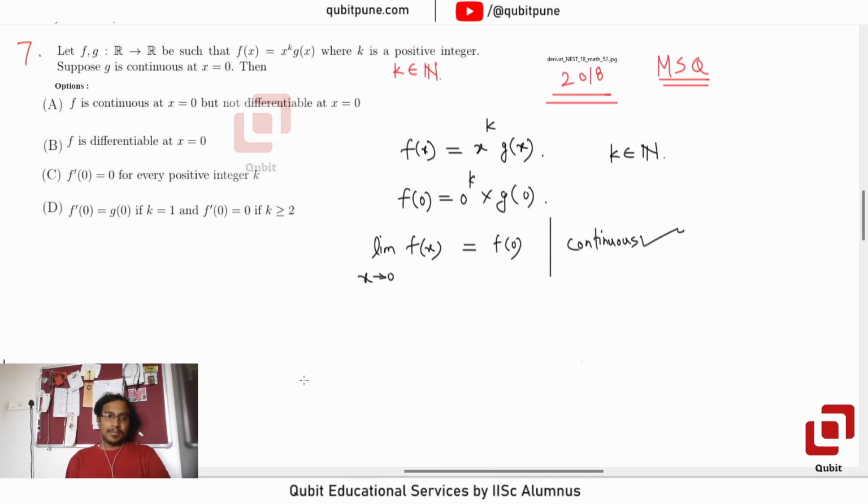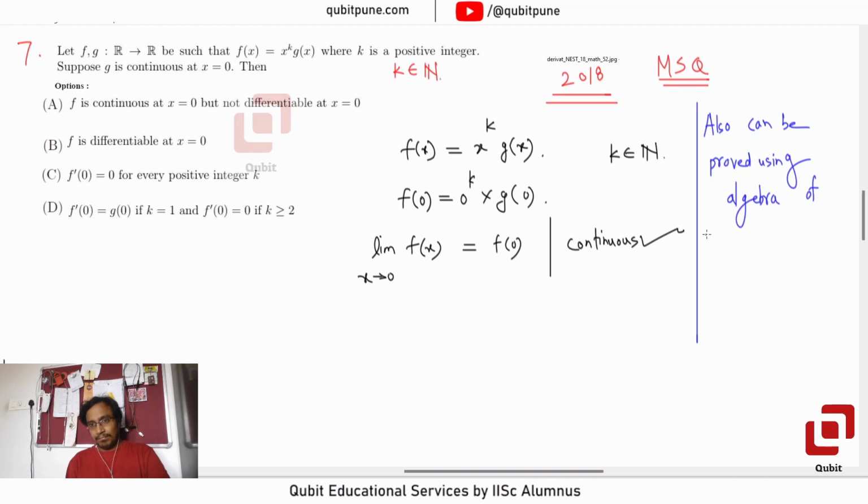It can also be proved using algebra of continuous functions: if the product of two functions is given and both individual functions are continuous, then the product must be continuous. But we haven't yet commented on the differentiability.